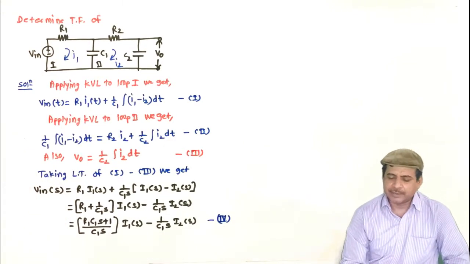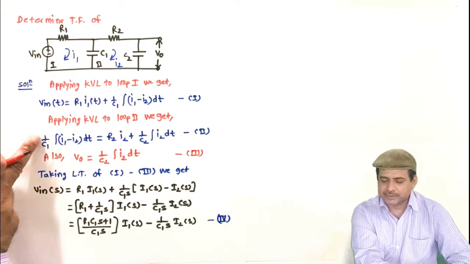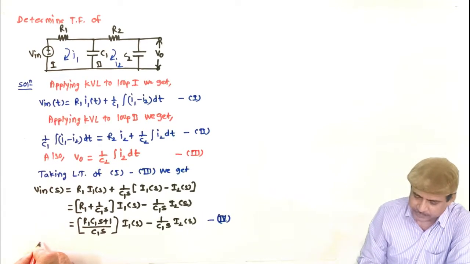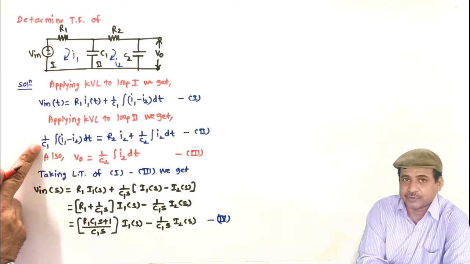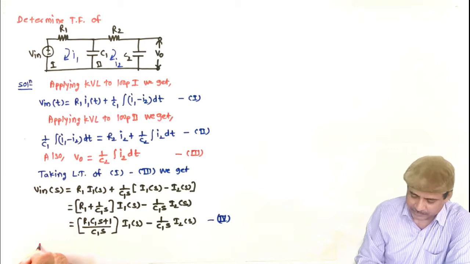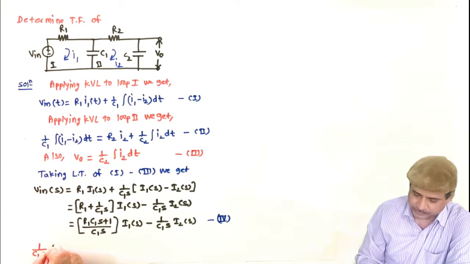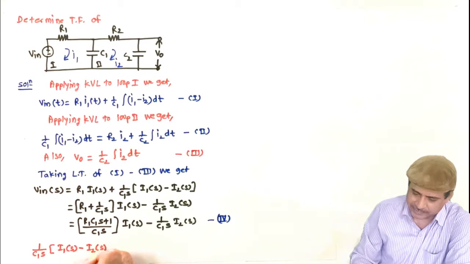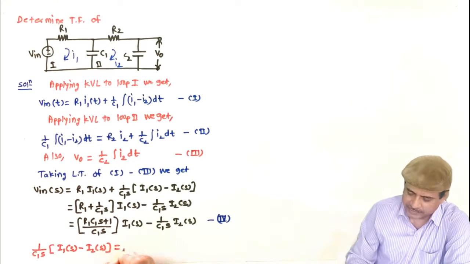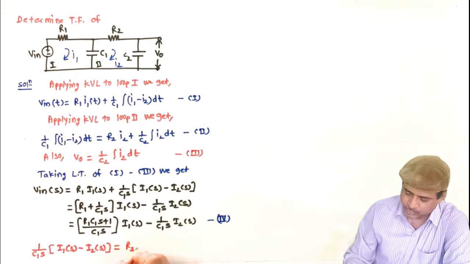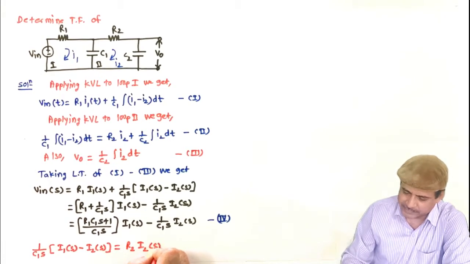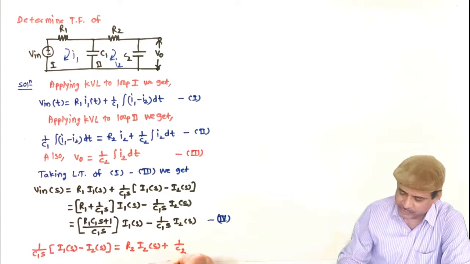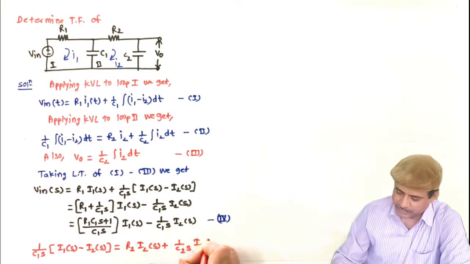Now when I apply KVL to the second equation and take the Laplace transform, I get 1 by C1S into I1 of S minus I2 of S, and that is equal to R2 into I2 of S plus 1 by C2S into I2 of S.